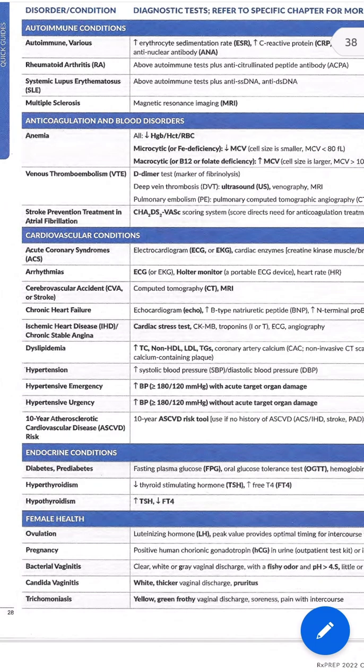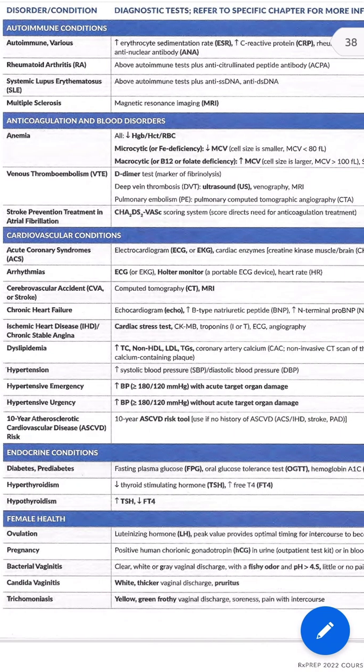Venous thromboembolism, VTE: the D-dimer test is a marker of fibrinolysis. Deep vein thrombosis, DVT: ultrasound, MRI. Pulmonary embolism: pulmonary computed tomographic angiogram.